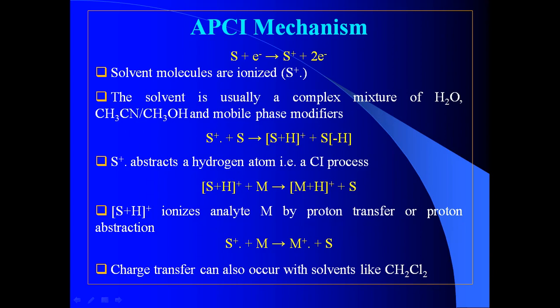The sample molecules are ionized by the process of proton transfer in positive mode, or by either electron transfer or proton transfer in the negative mode as well. The energy for the atmospheric pressure chemical ionization process is Boltzmann dominated because of the high pressure of the APCI source.